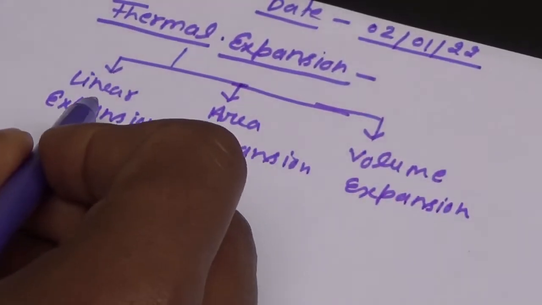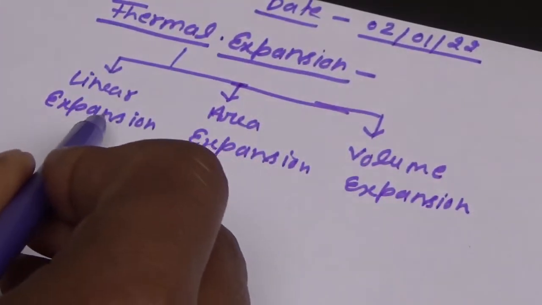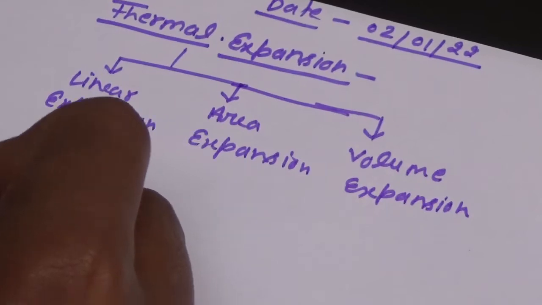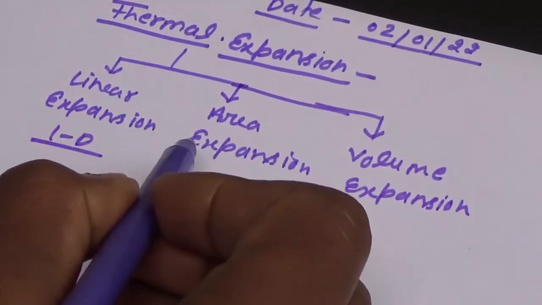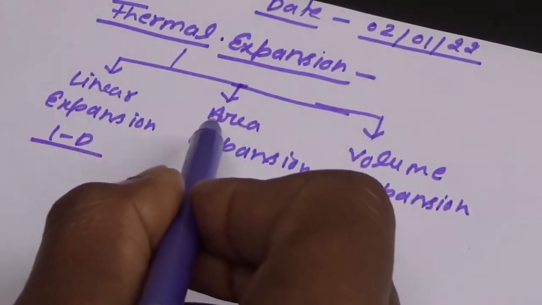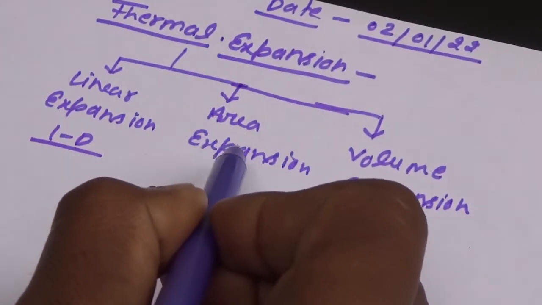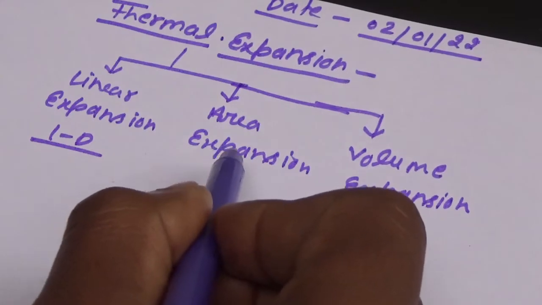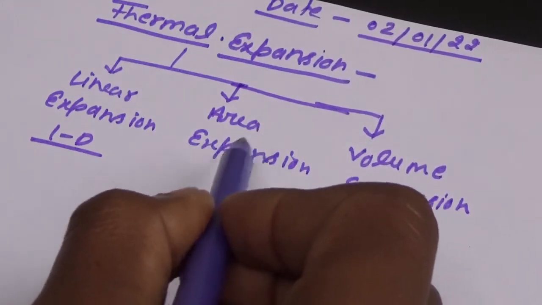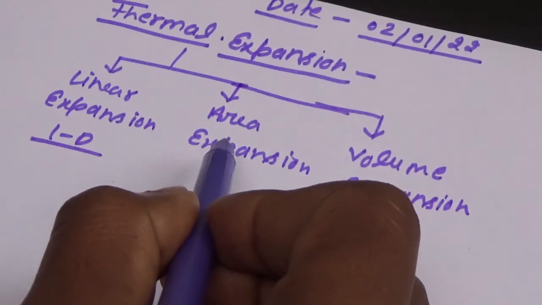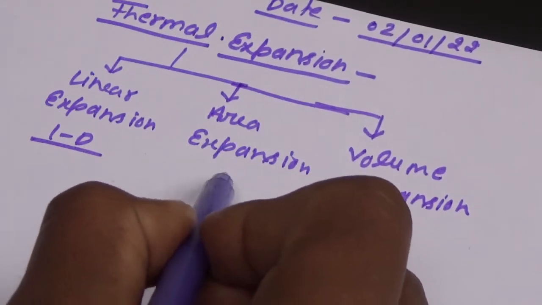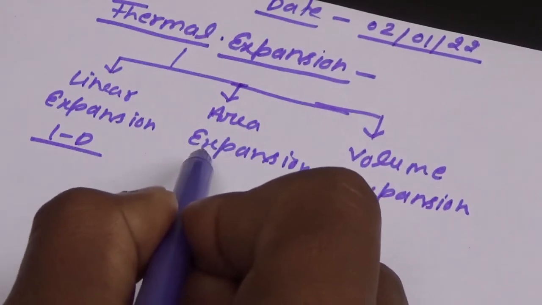Students, if the length of any material in 1D increases by supplying heat energy, then it is known as linear expansion. And if the area of any object, any surface area, is increased after supplying heat energy, then this is known as area expansion.